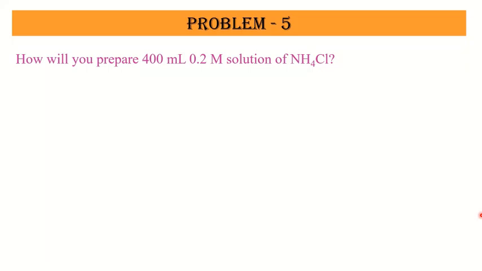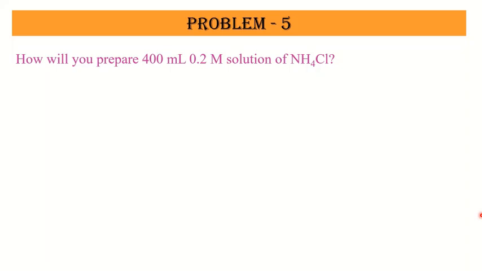Now the last one, problem 5. How will you prepare 400 ml 0.2 molar solution of ammonium chloride? Students, look here, the volume of solution is 400 ml and the concentration is 0.2 molar, but you don't know the amount of solute.